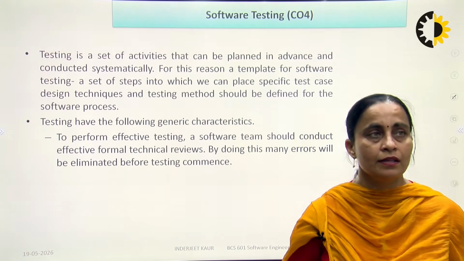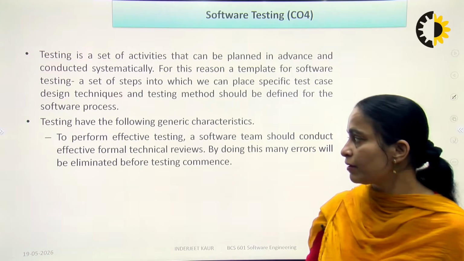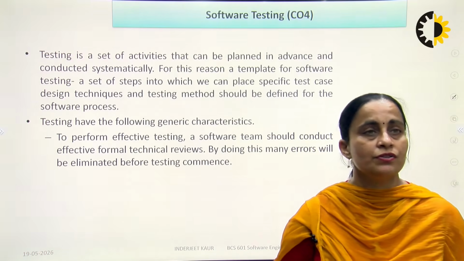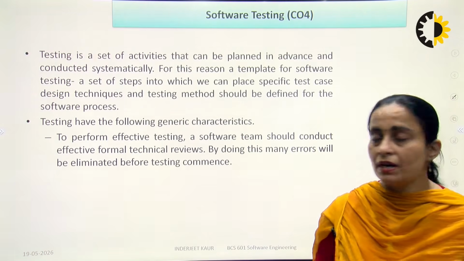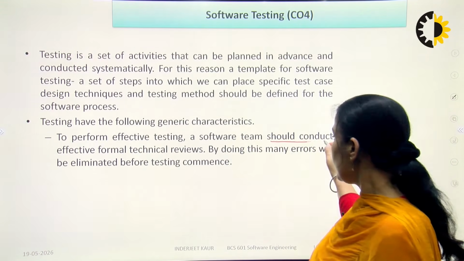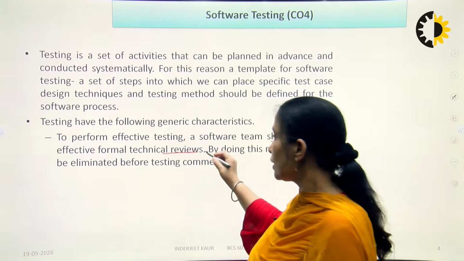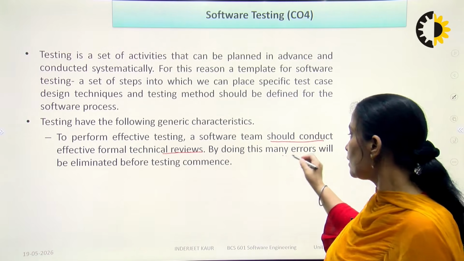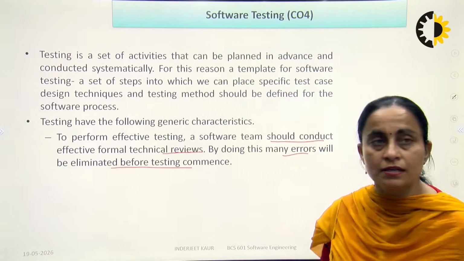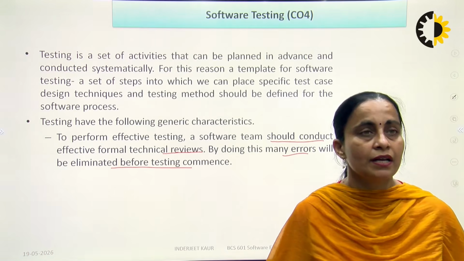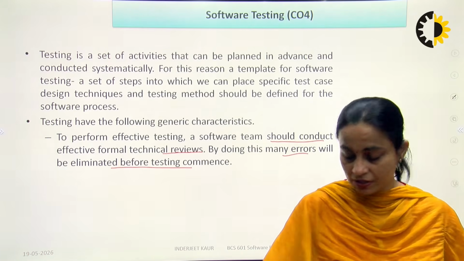The characteristic for performing the testing is that we should perform effective testing. The software team must critically review their designed process so that errors can be eliminated before testing starts. Even then, if errors still come, the testing team is advised.